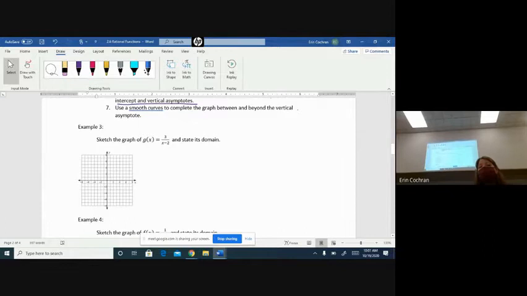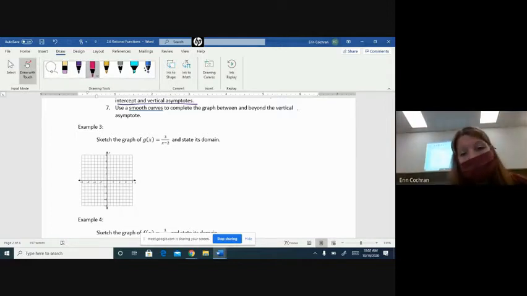All right, so sketch the graph of g of x equals 3 over x minus 2 and state its domain. Well, we can do its domain right now, right? It's going to be all real numbers except what? Except 2, yeah. Except x equals 2. Why?